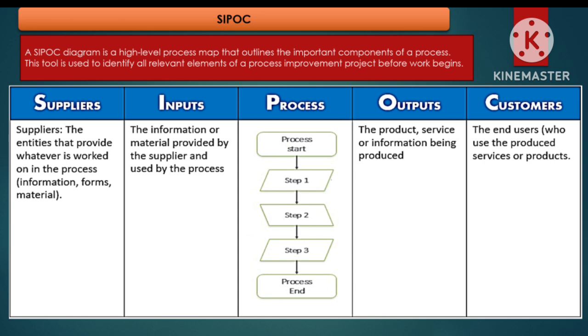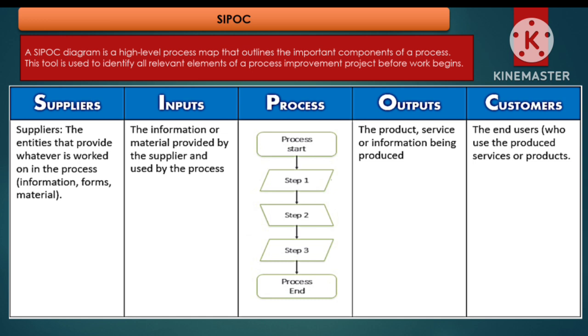So this will give you the idea about the process, how it starts and how it ends, and what is ready to deliver is your outputs in this process. Now your tea is ready to be consumed, so that tea is the output for you here.